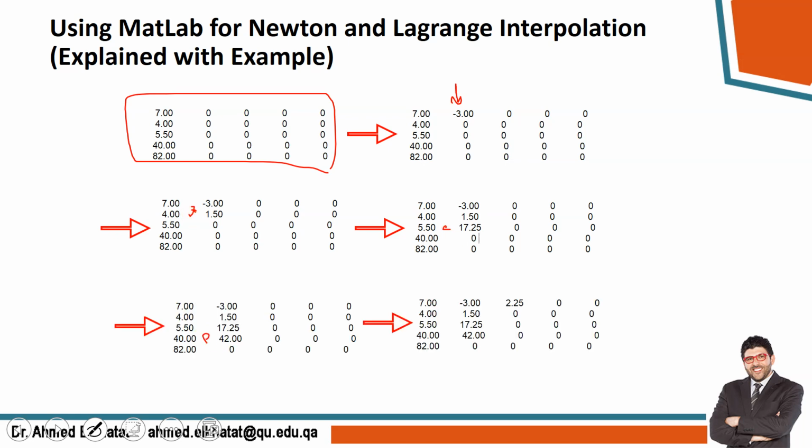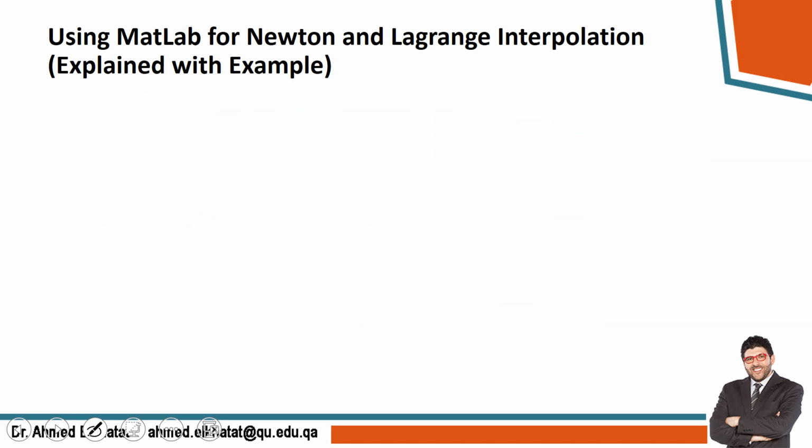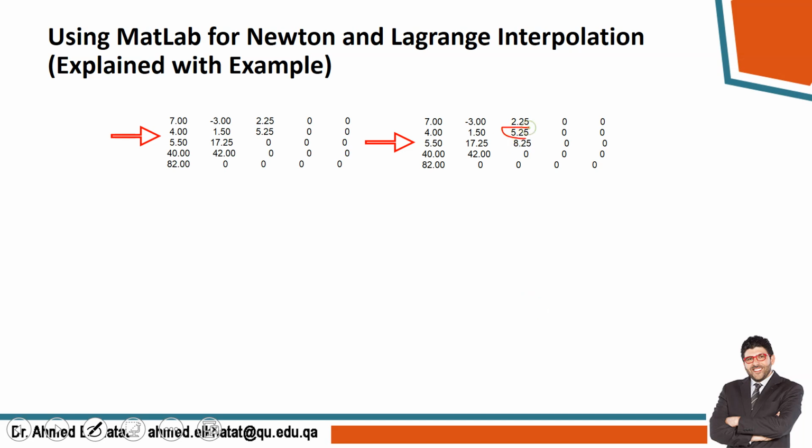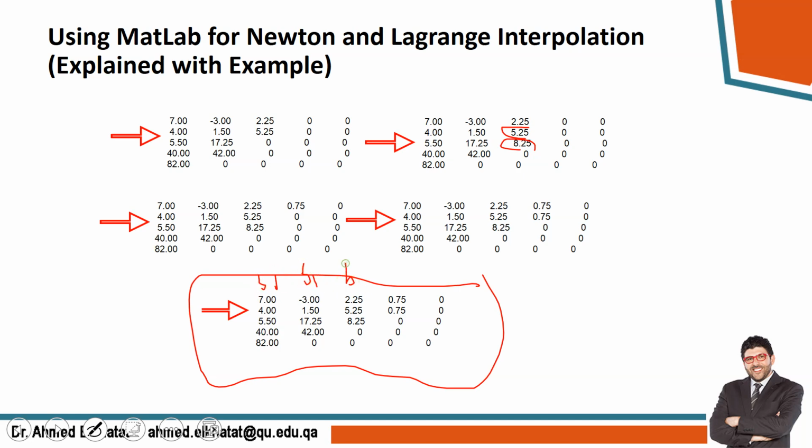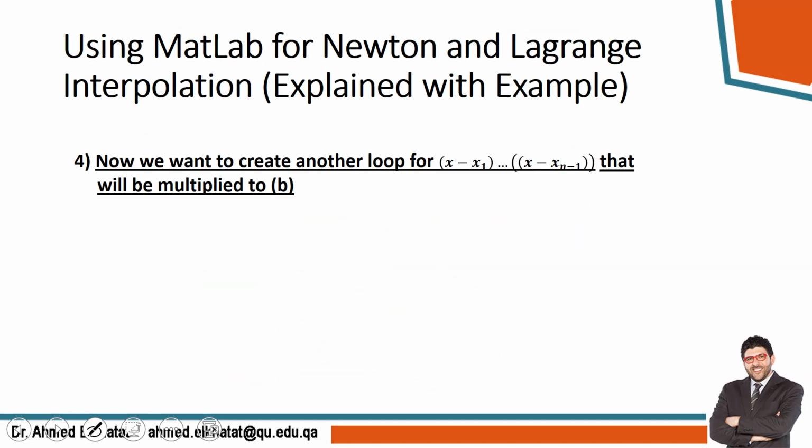Then it will go to the second column, and then to the following columns, until the final matrix becomes like this. So this will be the p values, with p naught, p1, p2, p3, p4 being 0. So we don't have p4 here. Now, we finished. We have already created the p values.